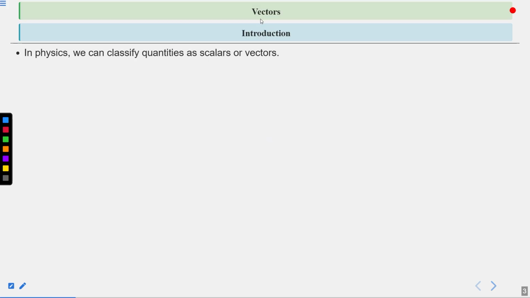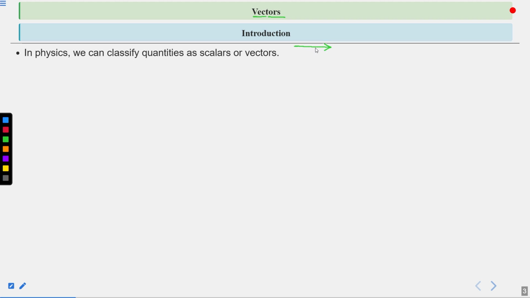So, topic is vectors. Here the question arises, what is a vector? Imagine you have an arrow like this.